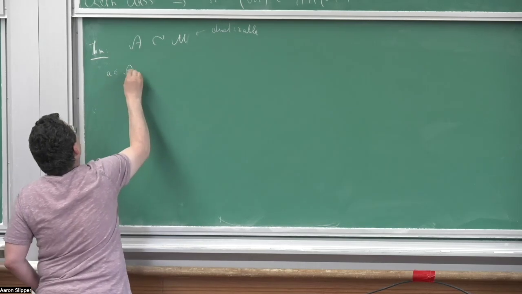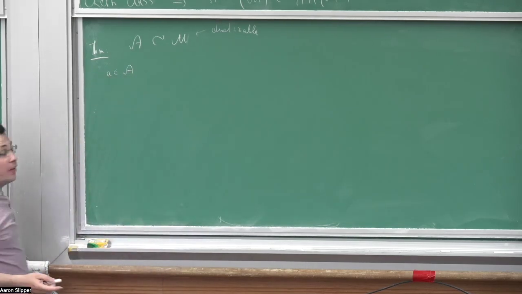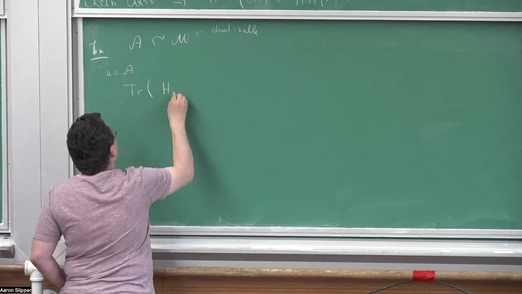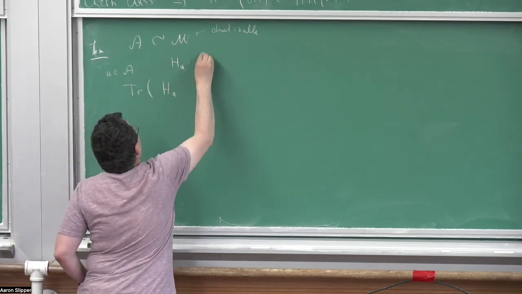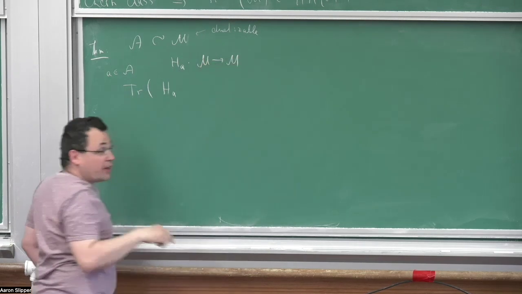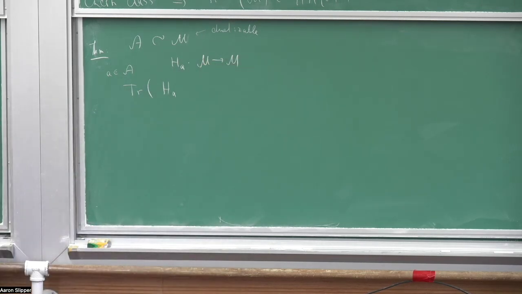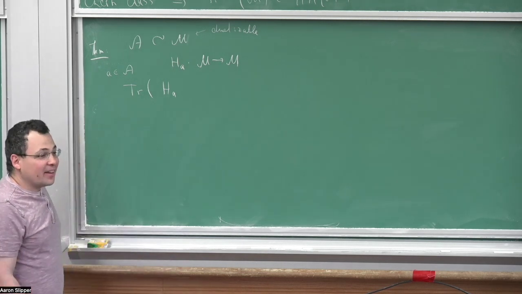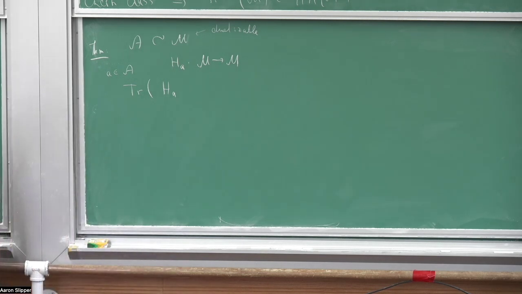You can take an object of A, and you can study the trace of its action. A is a functor from M to M, just given by tensoring by A. H is supposed to be a suggestive letter here, for action, or Hackett. H stands for Hackett. So this is the theorem you promised to show us two minutes ago. Yeah.